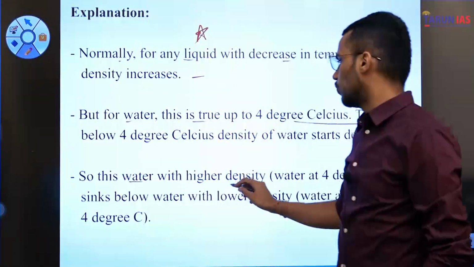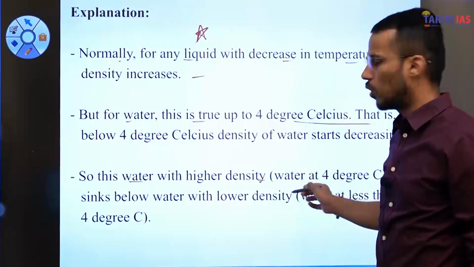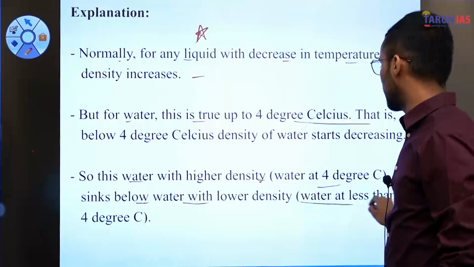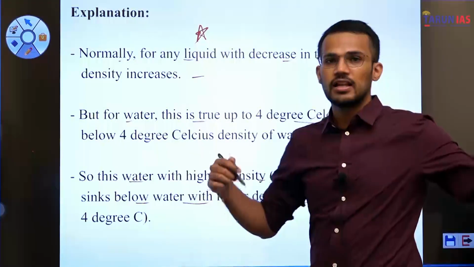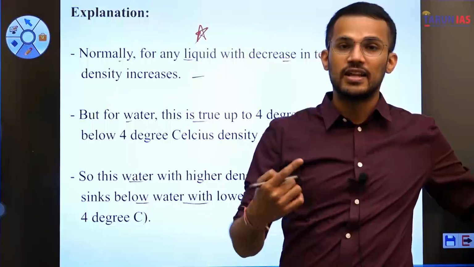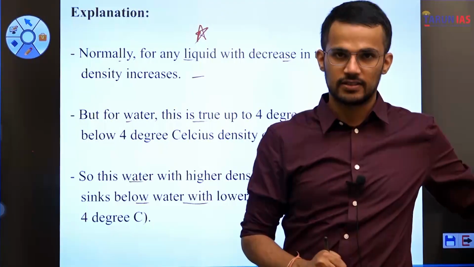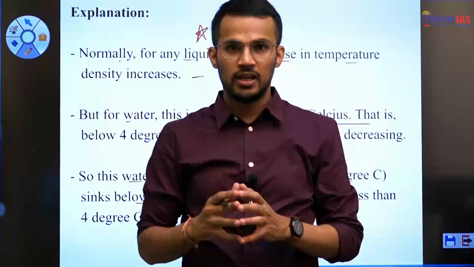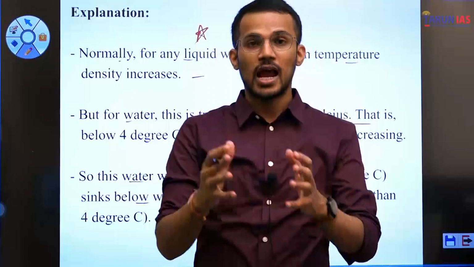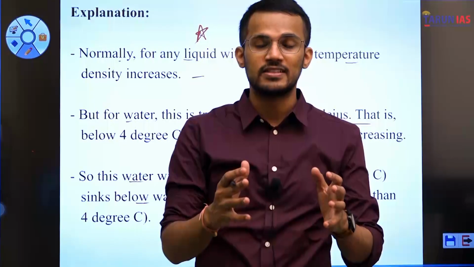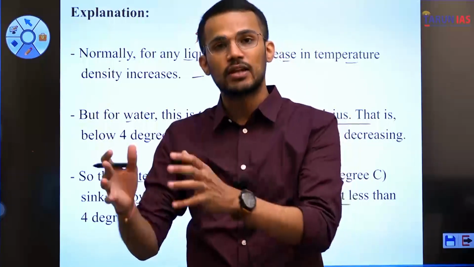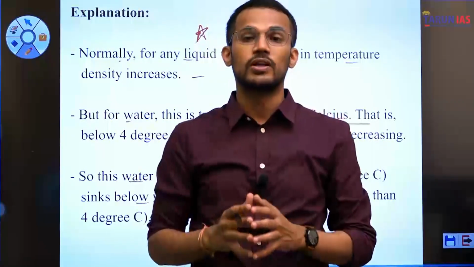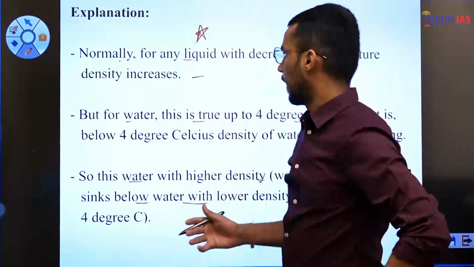So this water with higher density, that means water at 4 degrees Celsius, will sink below water with lower density, that means water which is at a temperature lower than 4 degrees Celsius. Fine. So whichever is heavy will sink down. And we have discussed that water at 4 degrees Celsius will have high density, and that's why it will be heavier than water at lower temperatures, and hence this water will sink down, right?